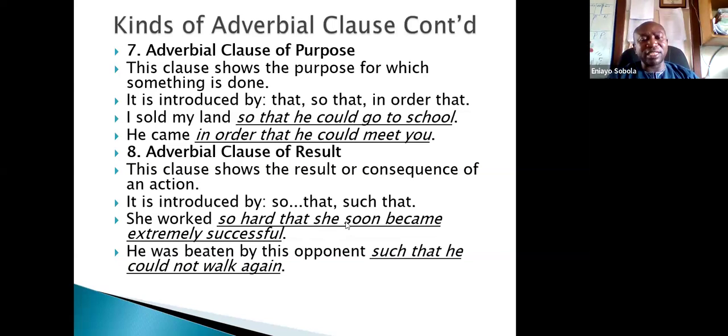So hard that she became extremely successful modifies the verb worked and shows the result of that work. He was beaten by his opponent such that he could not walk again. You see the result of the beating led to not being able to move.